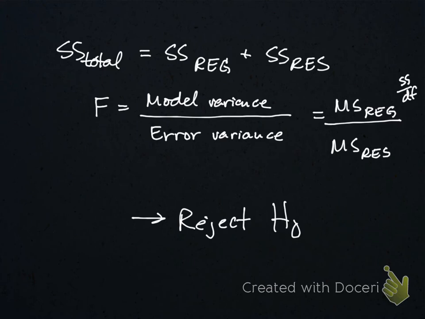So it's the balance of these two things, this ratio of variability, that's going to affect whether we reject that null hypothesis or not. And if this is still kind of vague to you, you can wrap your head around it by just thinking that we want to minimize this error variance. The least amount of error in our prediction is going to give us a higher F statistic and a better fitting model. So we want to make sure that our prediction is as accurate as possible.